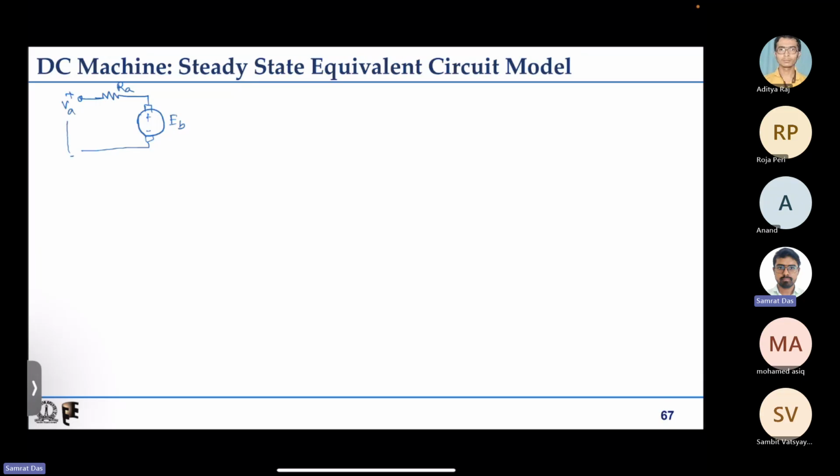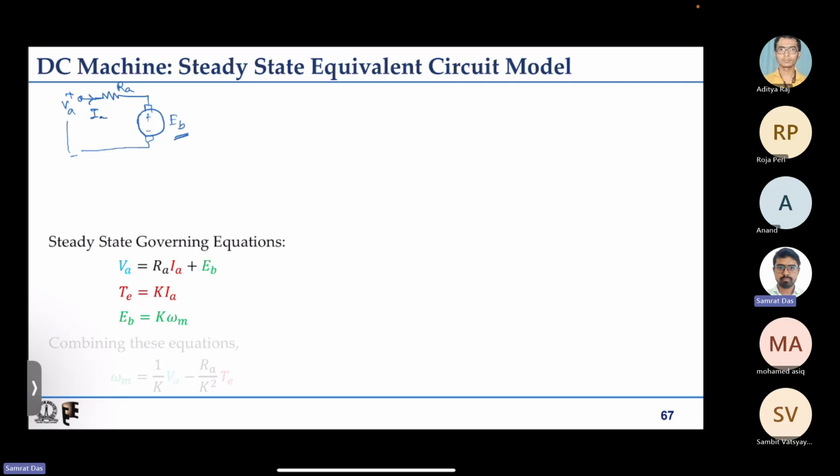This is the equivalent circuit of a DC motor, where we start reading DC machines. The governing equations: by simple KVL, Va equals Ra Ia plus EB. The torque is some constant times Ia, and the induced EMF depends on speed, so it is some constant times the mechanical speed, omega m.